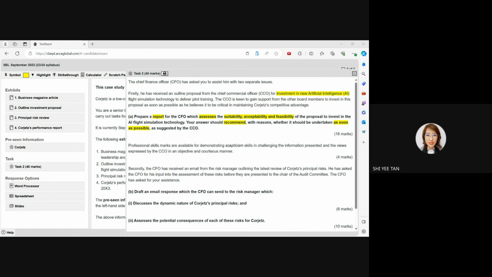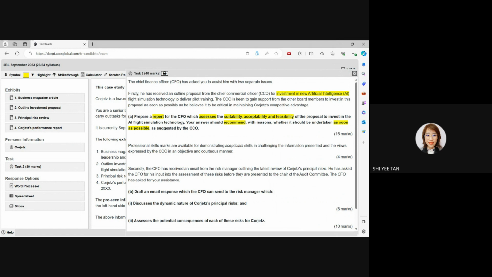You can look at some reviews, then only go and buy. That's a different story. As soon as possible means once it is released, you straight away go and buy. So it's totally different thing. That is the keyword for this question. You should recommend whether you should go as soon as possible. It's not about whether we need to invest in AI or not.